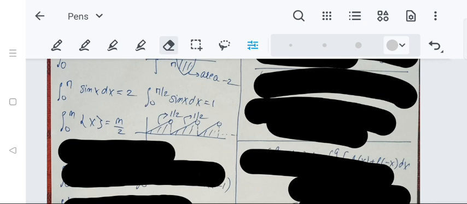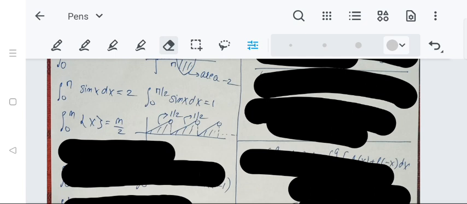Now, I am here just telling the important points and concepts which are asked in the exams. Another important one is the integration from 0 to n of the fractional part of x, that is n by 2.